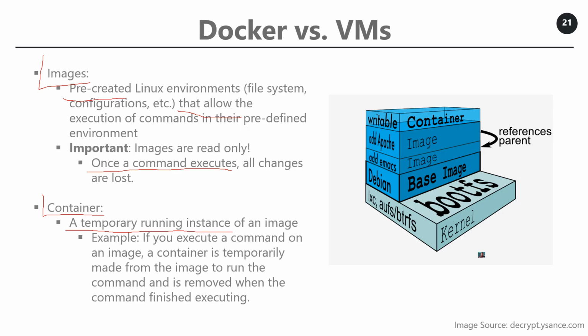So you have the image, and you can have multiple instances of that image, which we call containers. Just a copy, an instance of the image. For example, if you execute a command on an image, a container is temporarily made from the image to run the command and is removed when the command finishes executing.